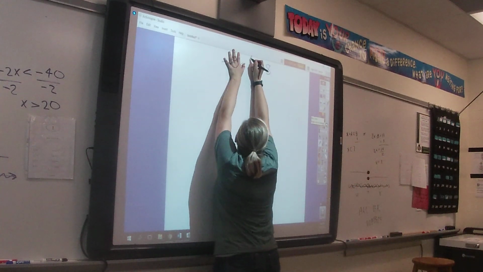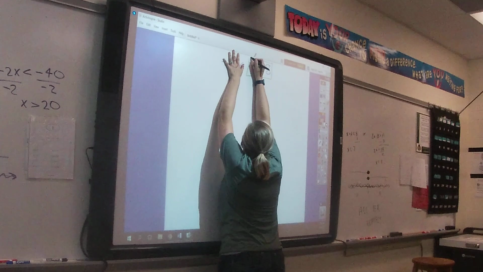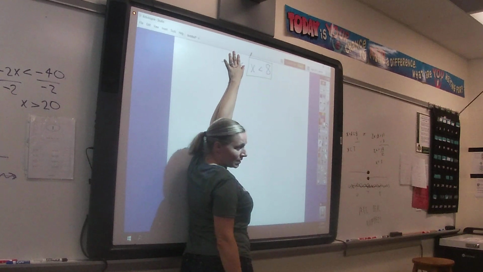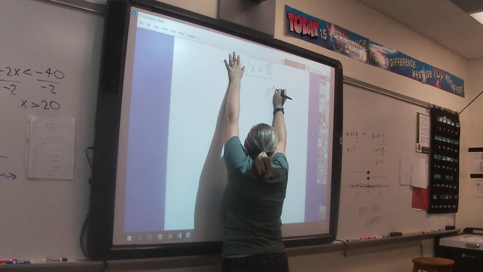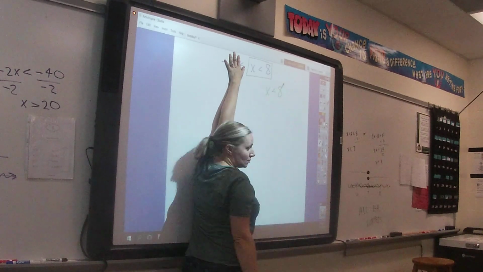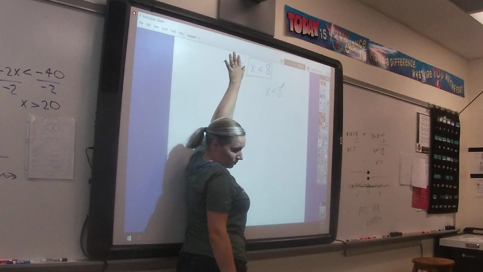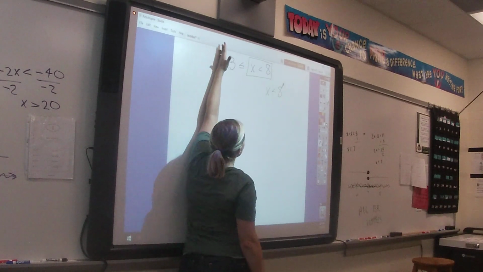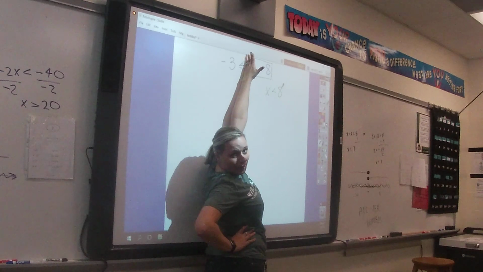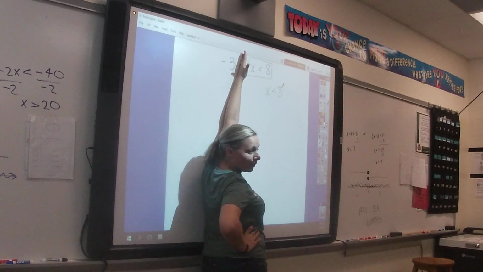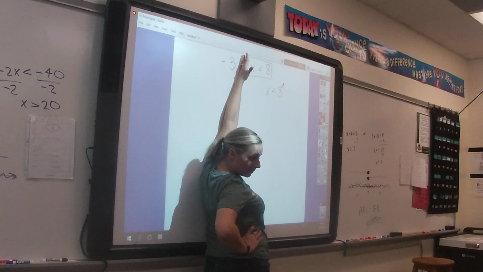This side is the easy one to see. You see that inequality there? x is less than 8. That's the easy one to see. I'm going until I get past that first inequality symbol, and I'm writing down the inequality that I read on the right-hand side of this.